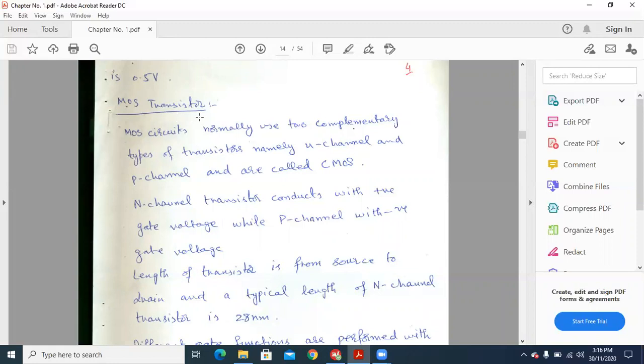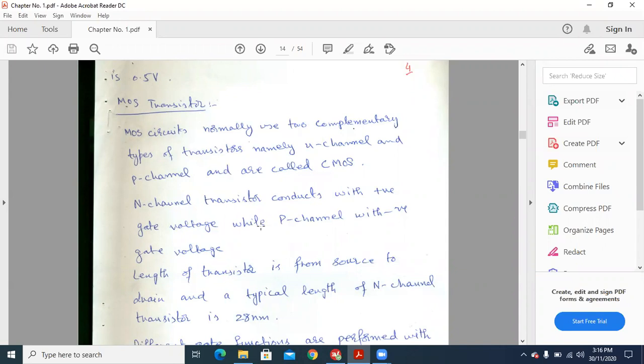So the MOS transistor, in fact, is also like other transistors a three-terminal device, and the fourth terminal is not electrically connected, and that is in fact the body of the transistor. So three electrical terminals are source, drain, and gate.